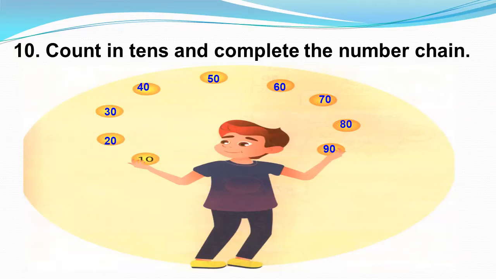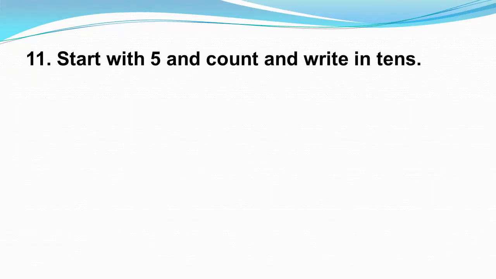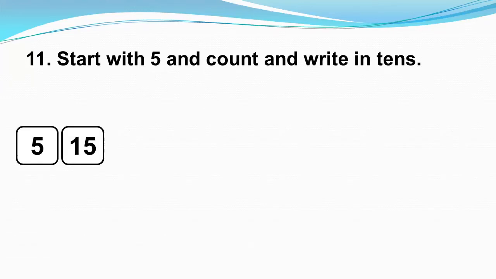Now in question number 11, start with 5 and count and write in tens. Here we have number 5 and 15. When we add tens in number 5, the number comes 15. Now add tens more in 15, then what number will come?